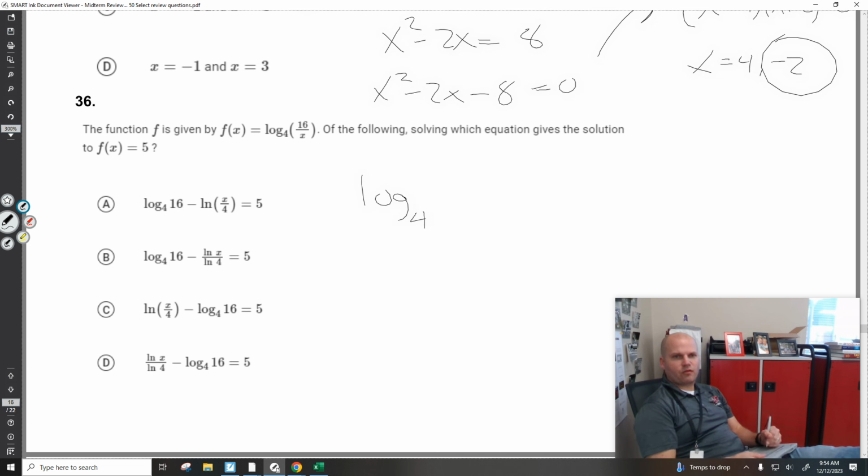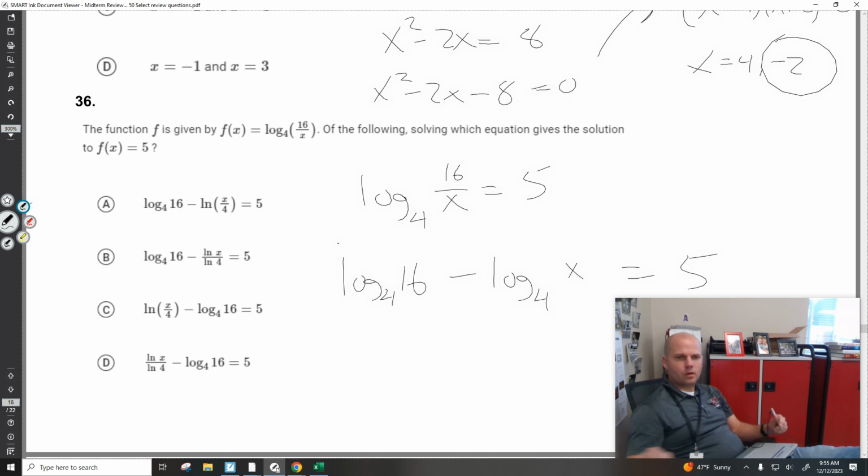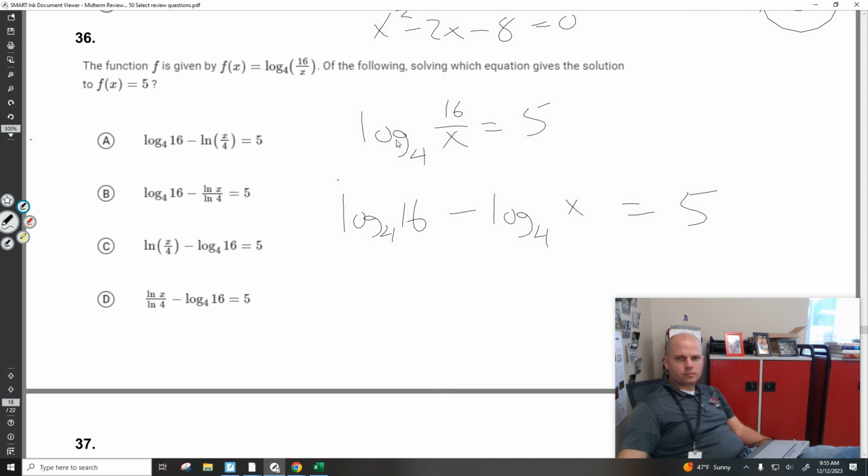When does log base 4 of 16 over x equal 5? I'd start out by taking 4 to the power of both sides. Oh, wait, they don't want me to do that. You can start out by using the log property to get this.